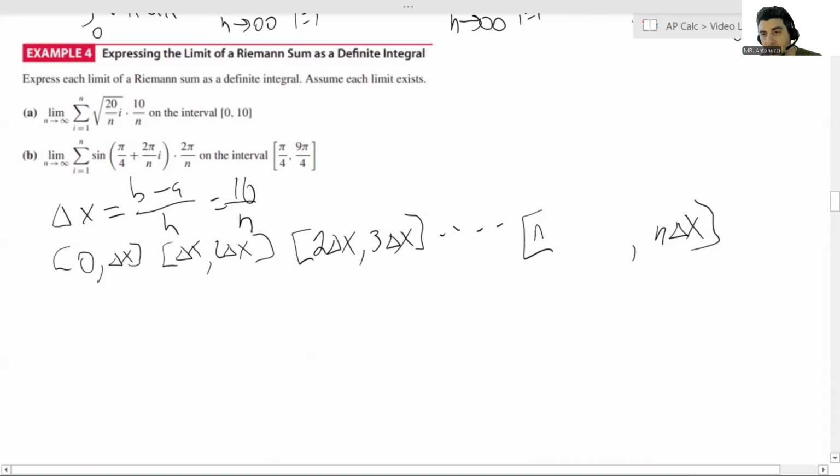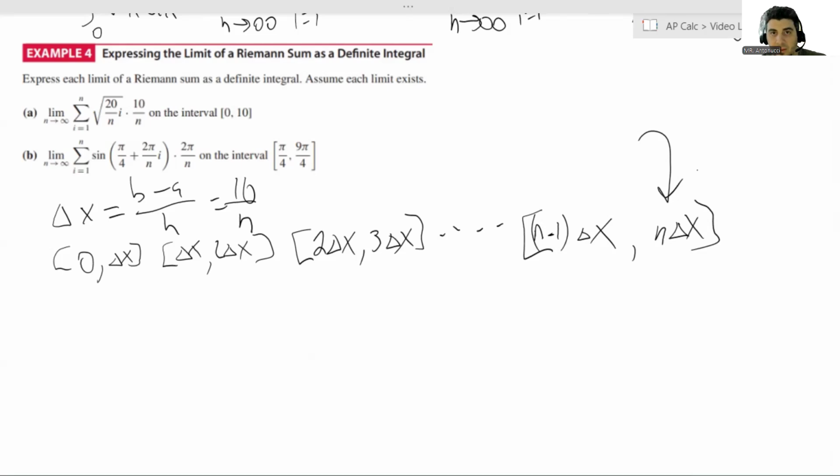The beginning of that one is one less than that, so (n minus 1) delta x. Again, if we plug in 10 over n for delta x, the n's would cancel and you'd have 10, which is the right endpoint of the last subinterval, which is the endpoint of the whole interval, which is 10, as it should be.